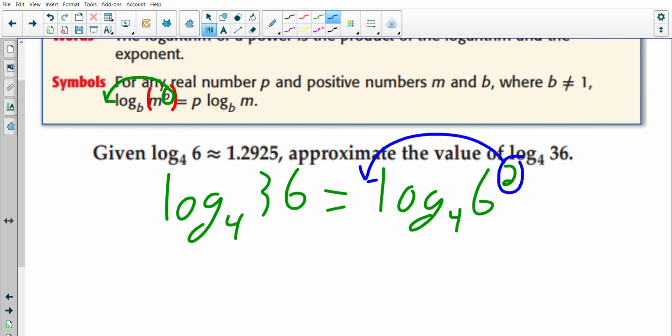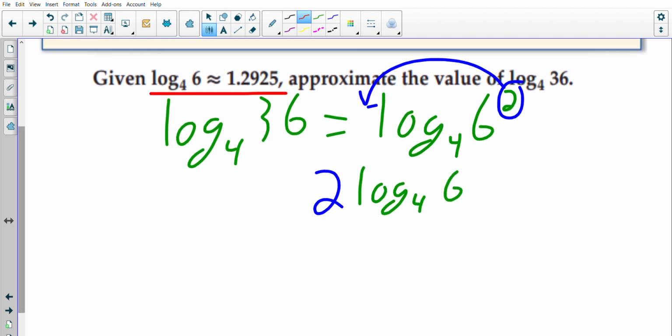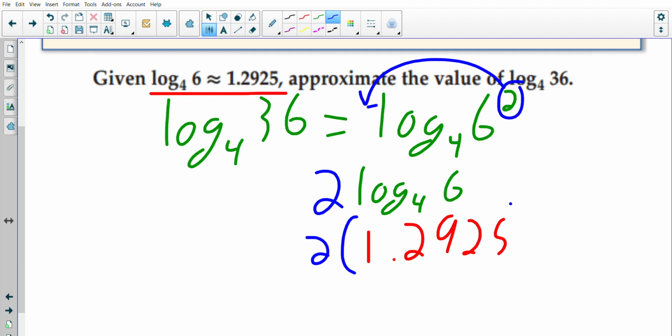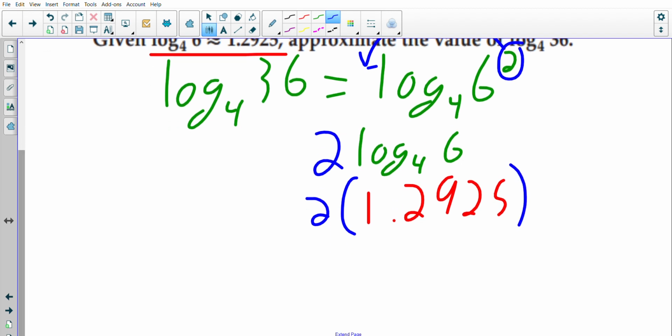So I end up with 2 times log base 4 of 6, and then log base 4 of 6 is approximately 1.2925, and I'm multiplying by 2 out front. All I do is grab my calculator to speed up my work, and I get approximately 2.585. And that's how we apply those properties.